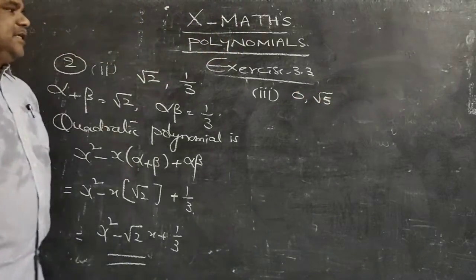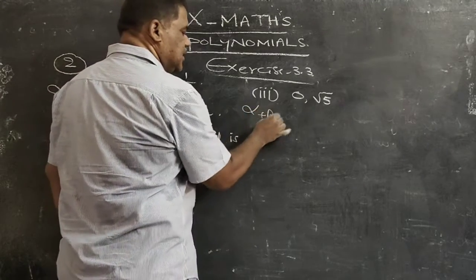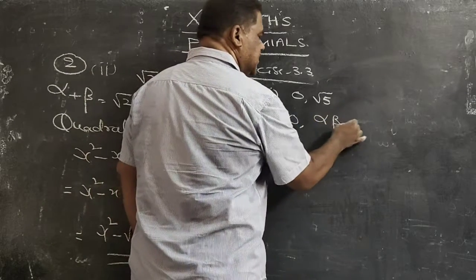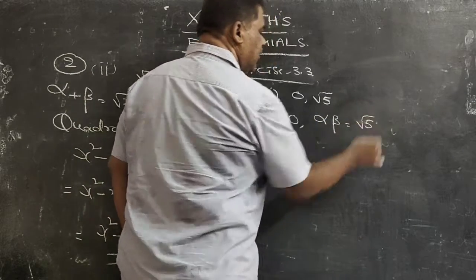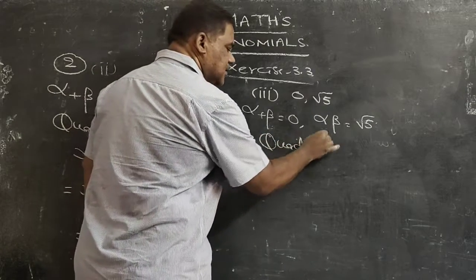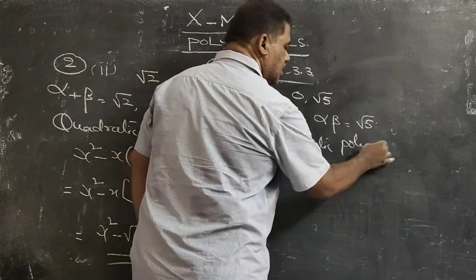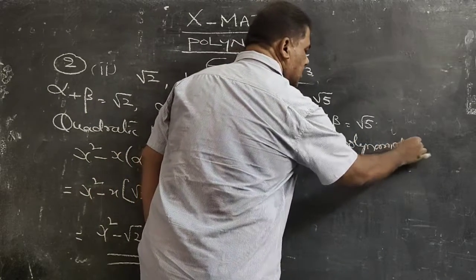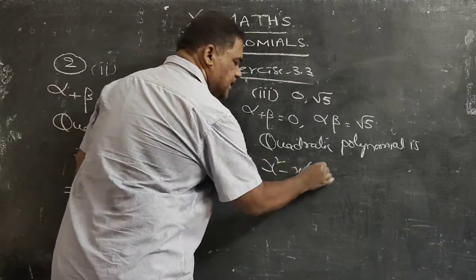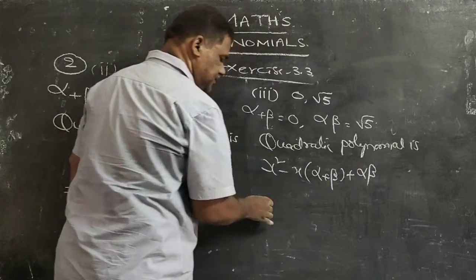Next bit, 0 comma root 5. Sum of the zeros, that is alpha plus beta, is 0. Product of the zeros, alpha into beta, is root 5. Now the quadratic polynomial is x square minus x into alpha plus beta plus alpha beta.